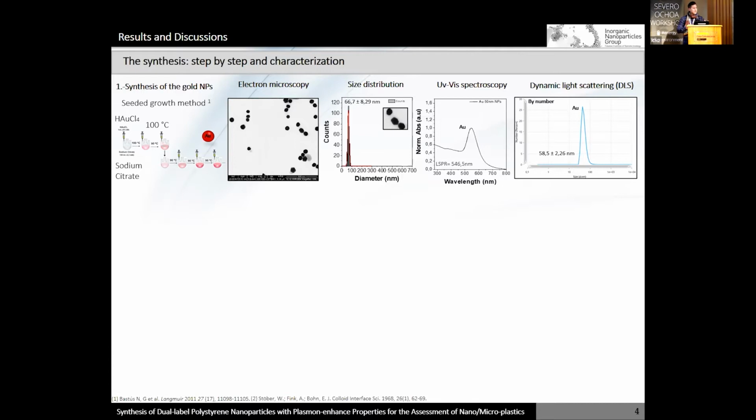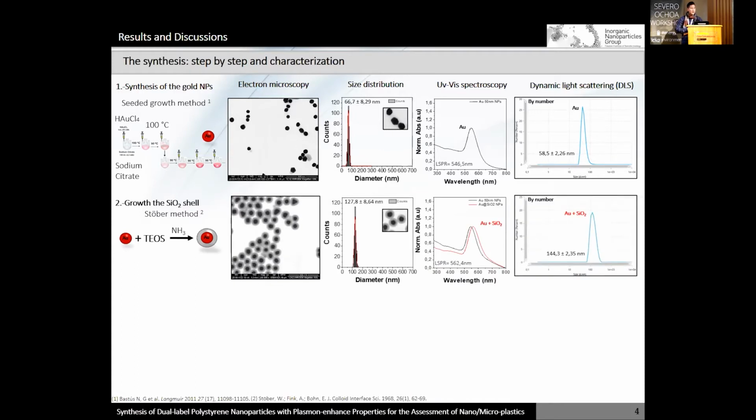Then we need to attach the dyes. But if we approach a dye to the metallic surface, such as gold, we can have a quenching effect. So in order to avoid this quenching effect, I said, okay, let's grow a silica first layer in order to create this space. So the silica will help us as a spacer. So I applied a Stöber method in this technique in order to achieve 30 nanometers of silica as a spacer.